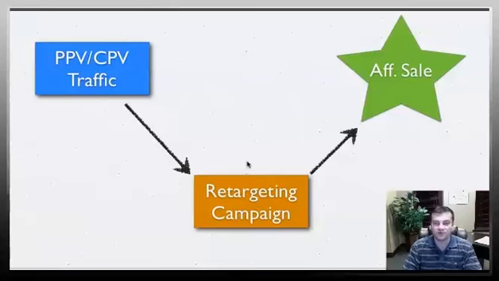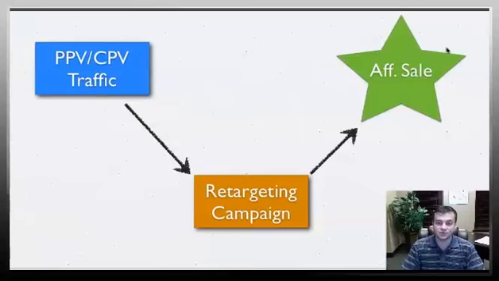And those people are laser targeted, if you did your CPV research properly. You're just going after laser targeted people, and you're building this following that you'll be following on the internet. Then they come back to your site, and boom, you have your affiliate sales, spending very, very little money.